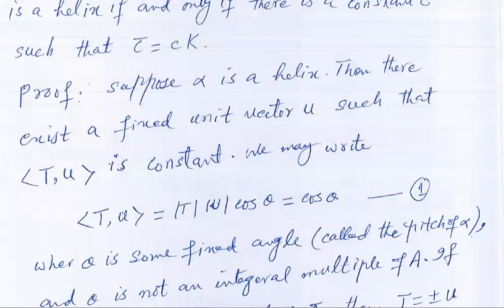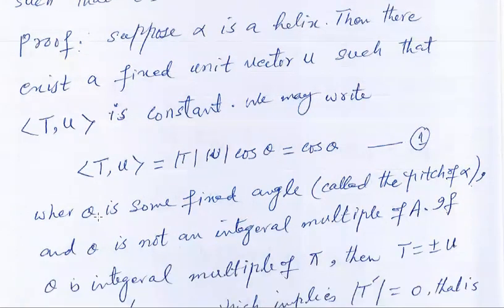So we may write the inner product of t and u is equal to the magnitude of t times the magnitude of u times cos theta, which is equal to cos theta, because t is a unit vector, its magnitude is 1, and u is a unit vector, its magnitude is 1. Here theta is some fixed angle between t and u. We also call theta the pitch of the curve or pitch of alpha.